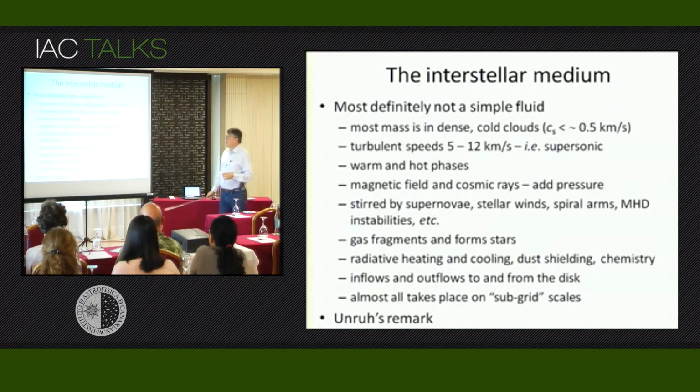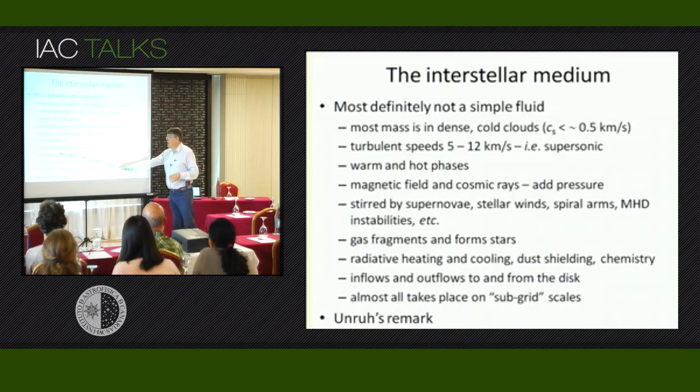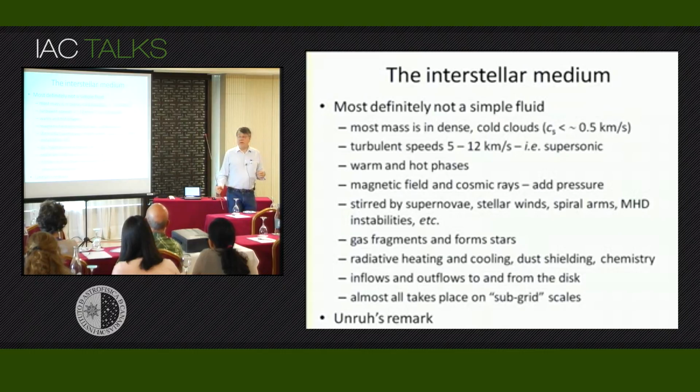These turbulent speeds are stirred up by supernovae, stellar winds, spiral arms, heating, and magnetohydrodynamic instabilities, such as the magnetorotational instability, which must be present at some level in galaxies, stirring up the ISM.